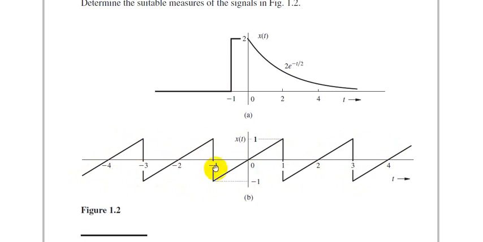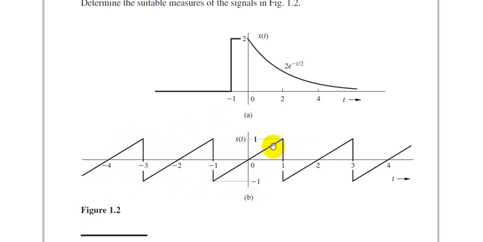We'll define the periodic signal in our later lectures. We're not going into the detail of the properties of periodic signals. We just know that a periodic signal is a signal which repeats after a certain value.